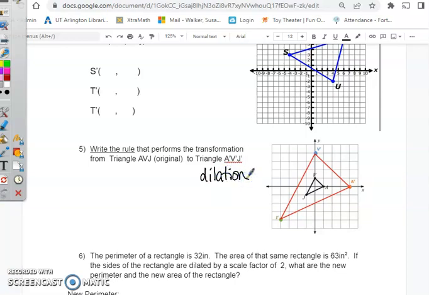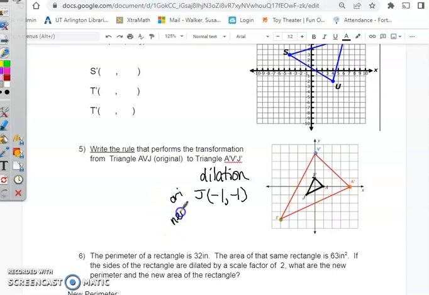Okay, so we're going to choose a point and figure out how it changes. So I'm going to choose point J. So here's the original. It looks like that's -1, -1. Okay, now I need the new one. This is original.